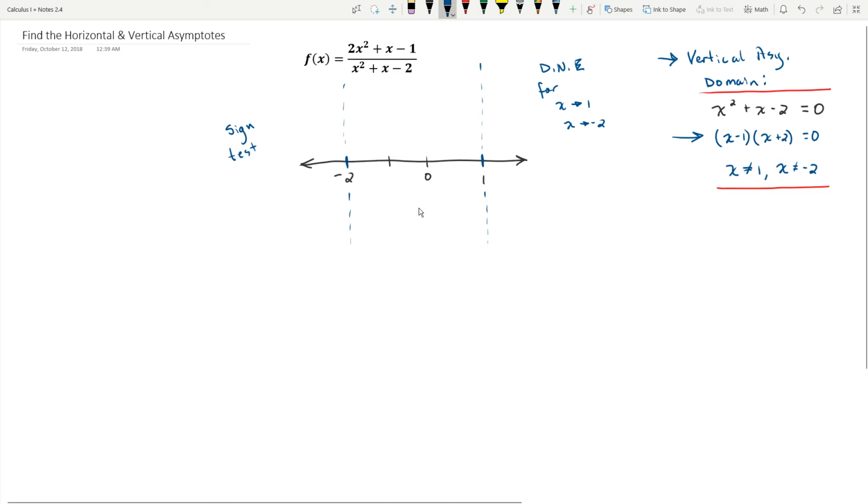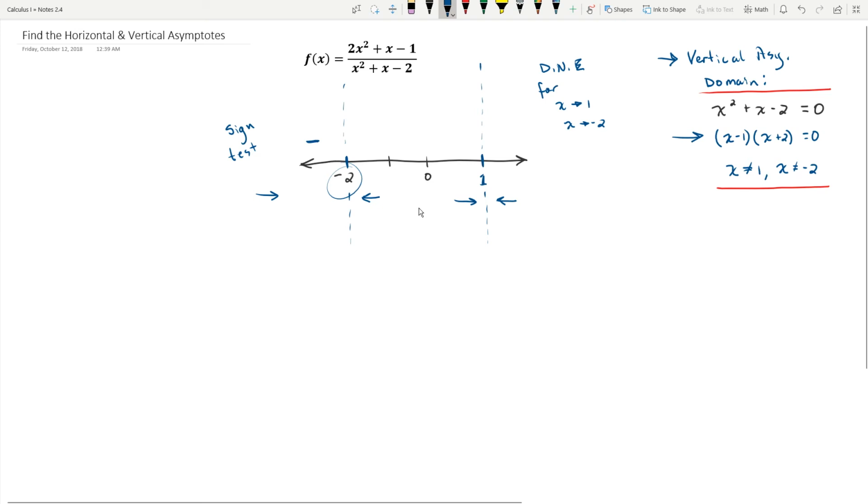For the sign test, we're just looking at these values as we approach from the left and from the right, for -2 and for 1. If we choose values that are really, really close to each one of these, just left and just right, it's just like our tables. So for -2, a really close value would be -2.25. If we put that in, we find that as we approach from the left, the value we get is negative.